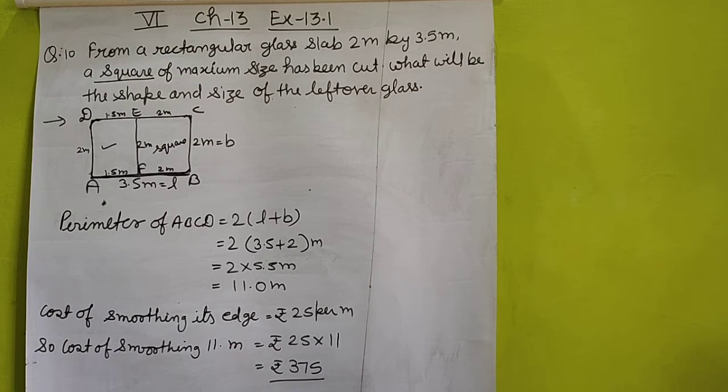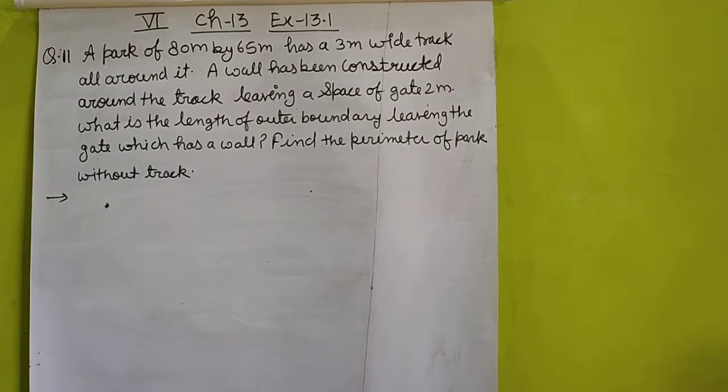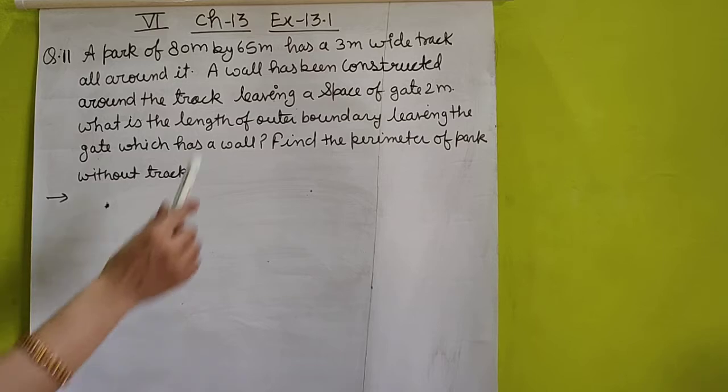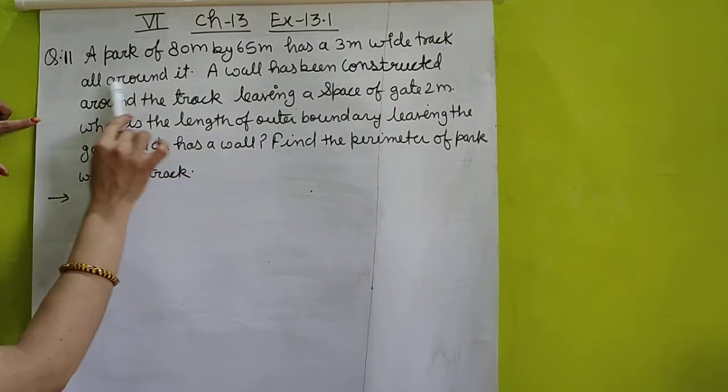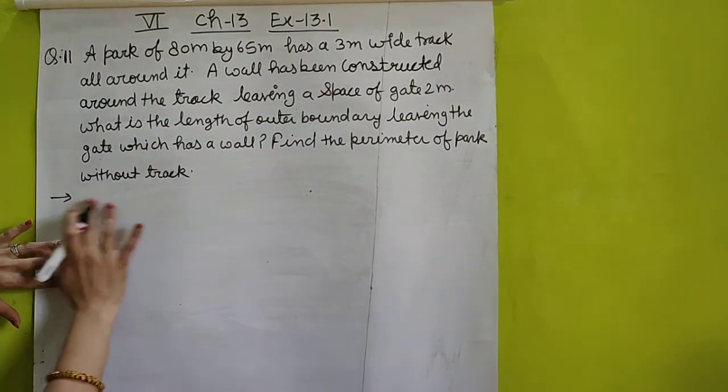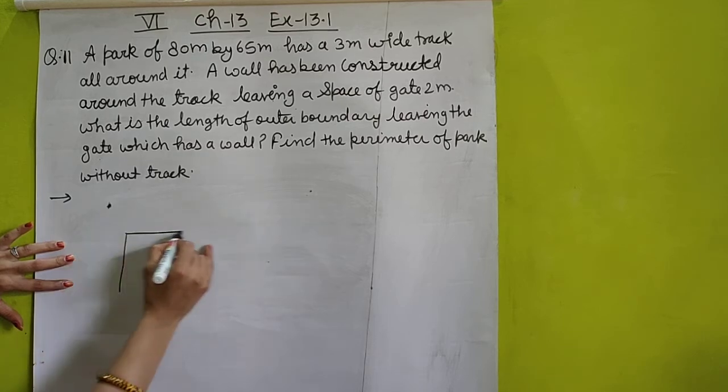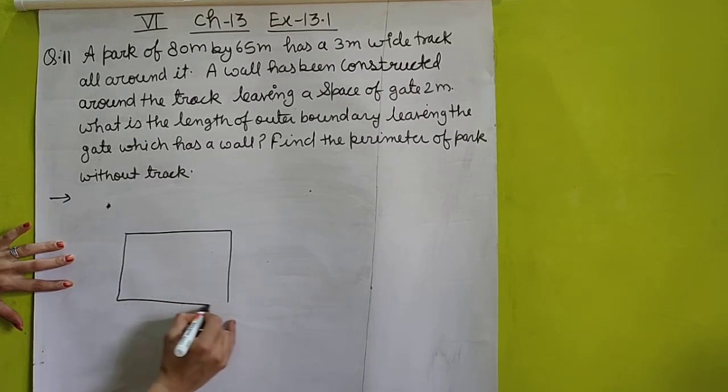Now students, question number 11. Now question number 11 is: a park of 80 meter by 65 meter has a 3 meter wide track all around it. It means we have one park. This is a park in rectangular shape.